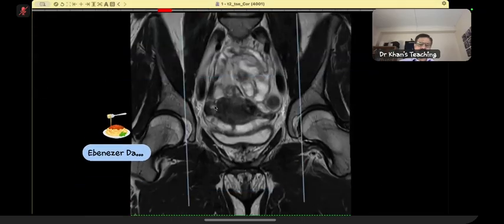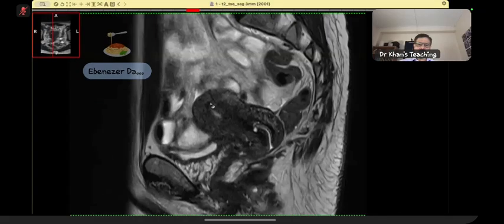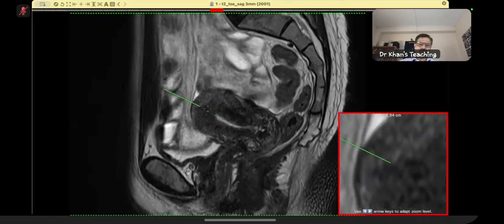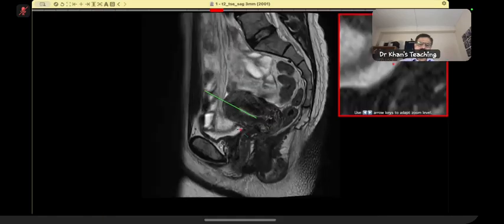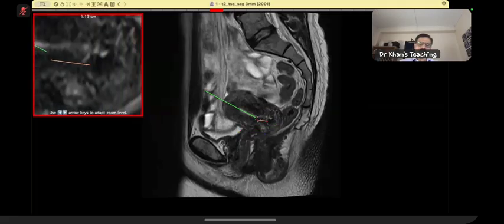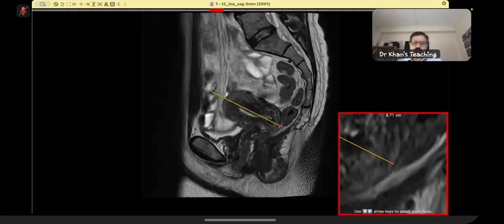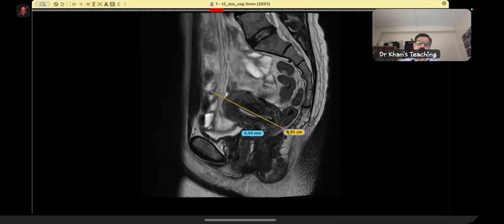Actually, technique-wise, and you have to tell your radiographers about this, you need to have a special coronal sequence, and it should be along the long axis of the uterus. So it should be oriented like this, long segment, which was not done in this case.